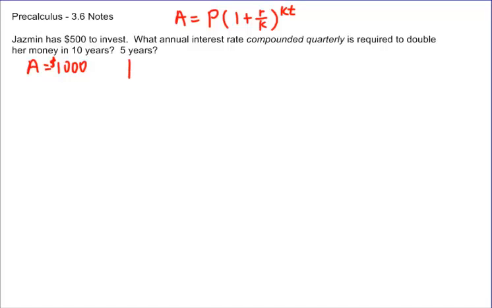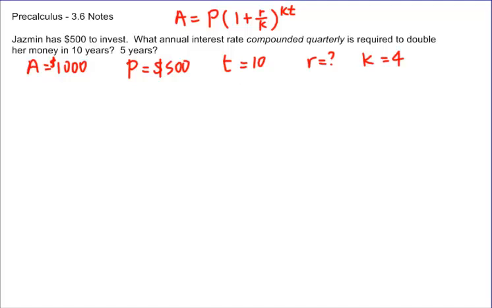We know that P is going to be equal to $500. We know that T, for the first part, is going to be 10. We can do this again with 5 in just a moment. The rate is what we're unsure of, and the K is quarterly, which means 4.